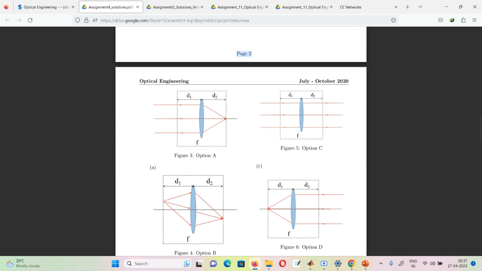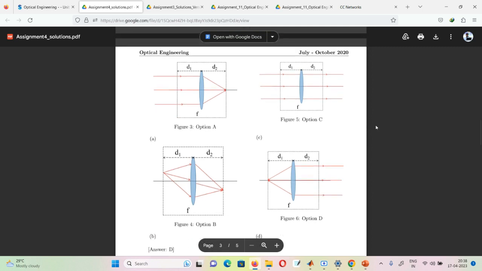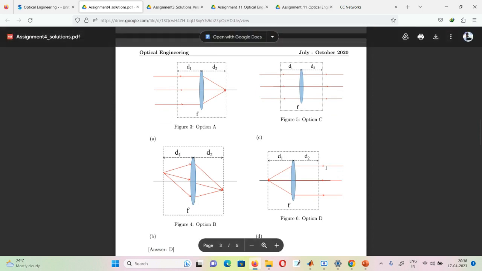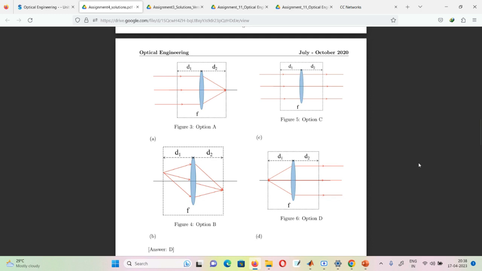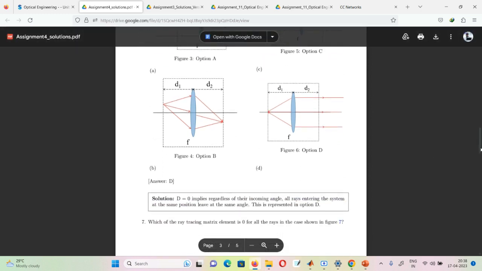Yes, sir. This lens is not actually a physical lens. This can be a system of lenses. Okay, sir. And with that particular system, you are going to define two principal distances, and it will act like a thin lens system.